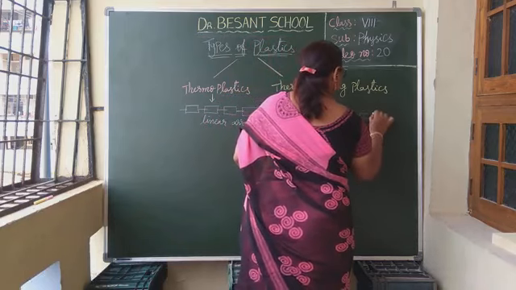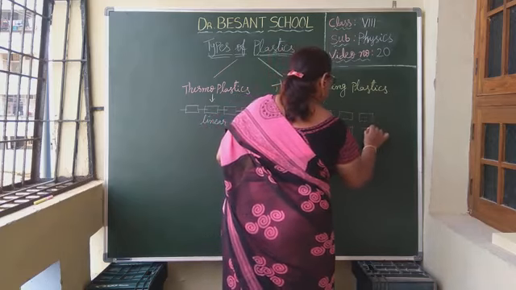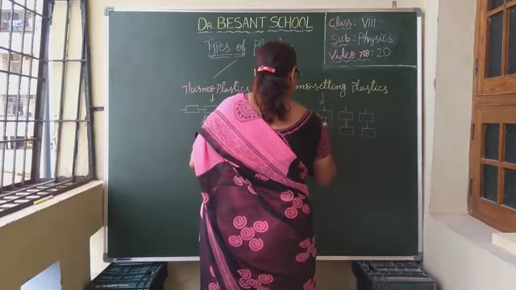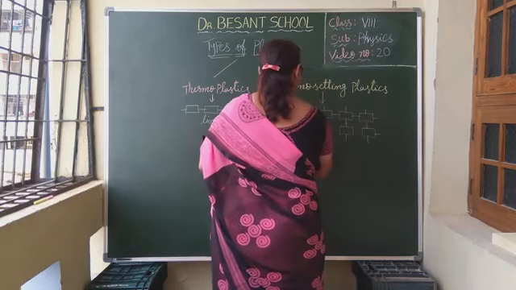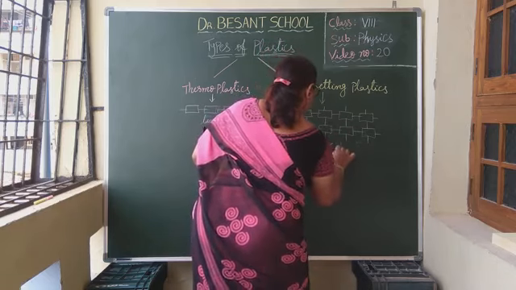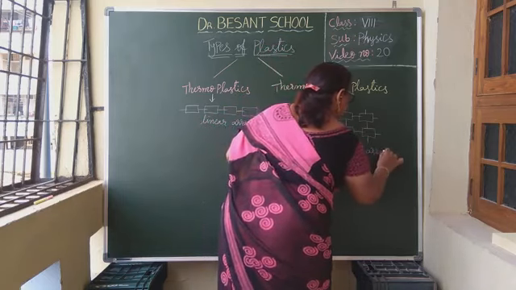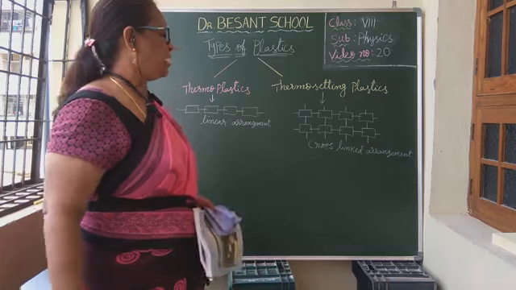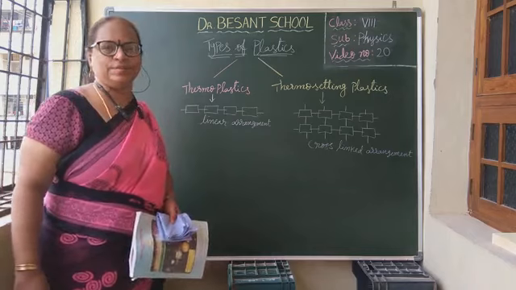They are arranged cross-linked. What is this arrangement called? Cross-linked arrangement. This cross-linked arrangement made the thermosetting plastic strong compared to thermoplastics, isn't it?